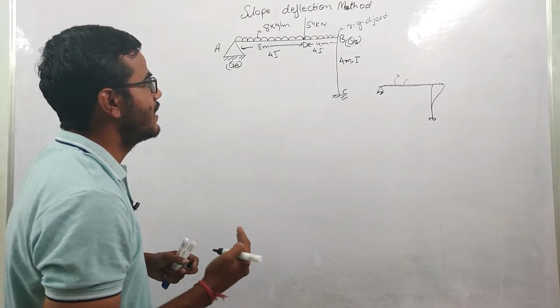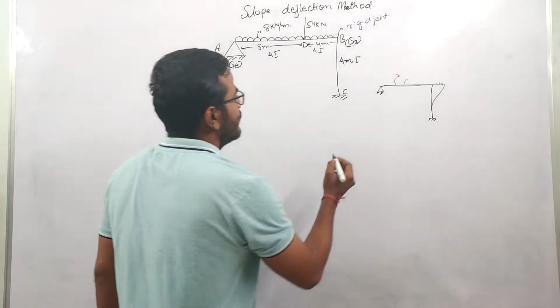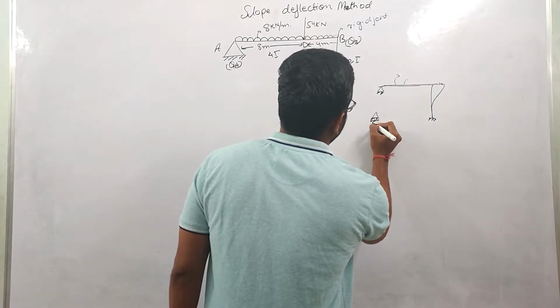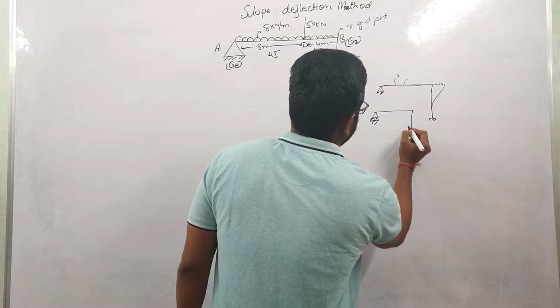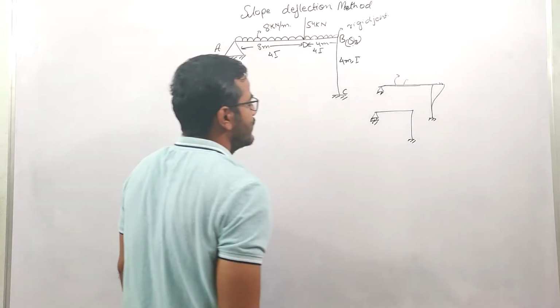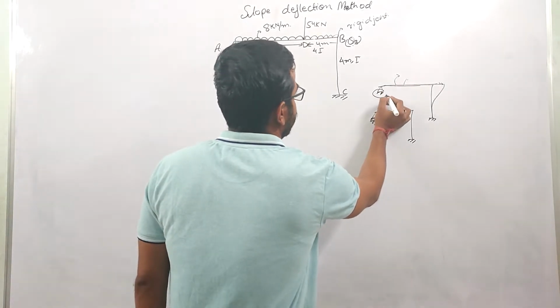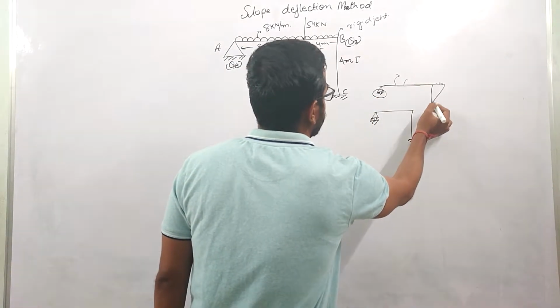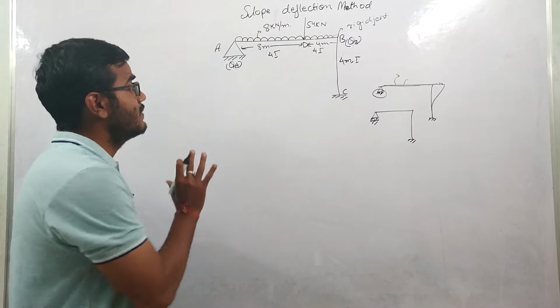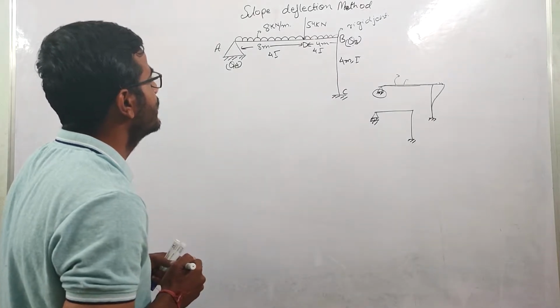If there were a roller support over here, then this member could sway. But the horizontal reaction at this support is restricting the horizontal sway, so this frame structure will not sway, right?